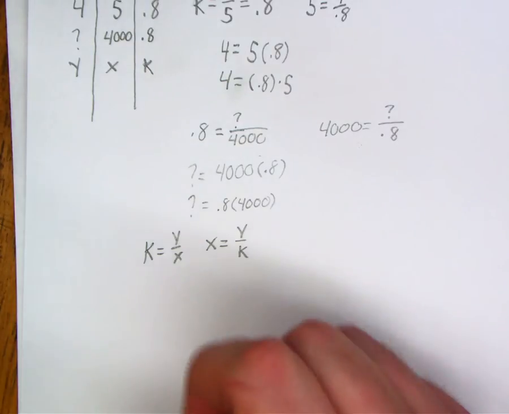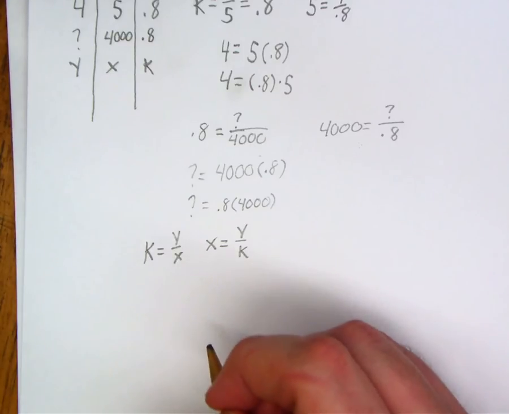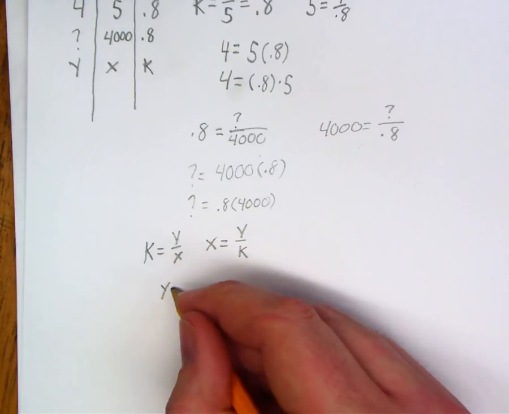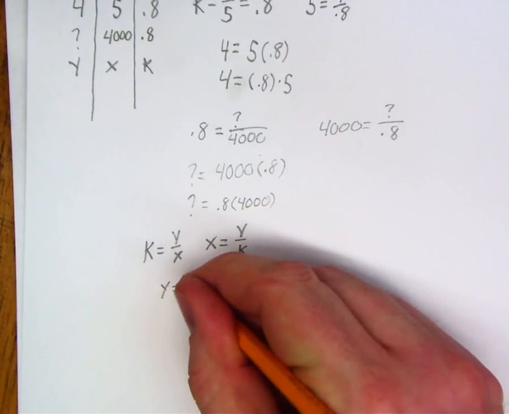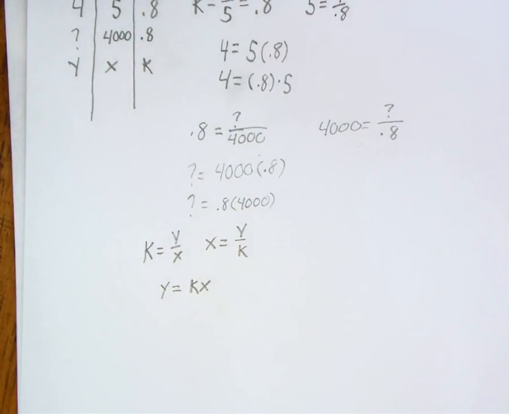And then let's get just one more, and that is y is equal to k times x. Make sure you're using these on your homework. These three things are going to help you.